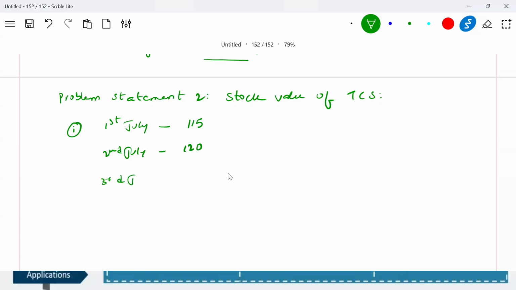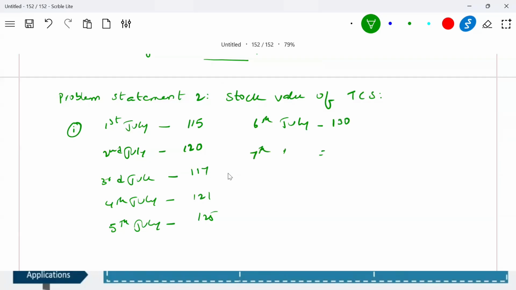On 3rd July, it is around 170. On 4th July, it is around 121. On 5th July, it is around 125. On 6th July, it is around 130. On 7th July, it is around 118. On 8th July, it is around 120. On 9th July, it is around 121.